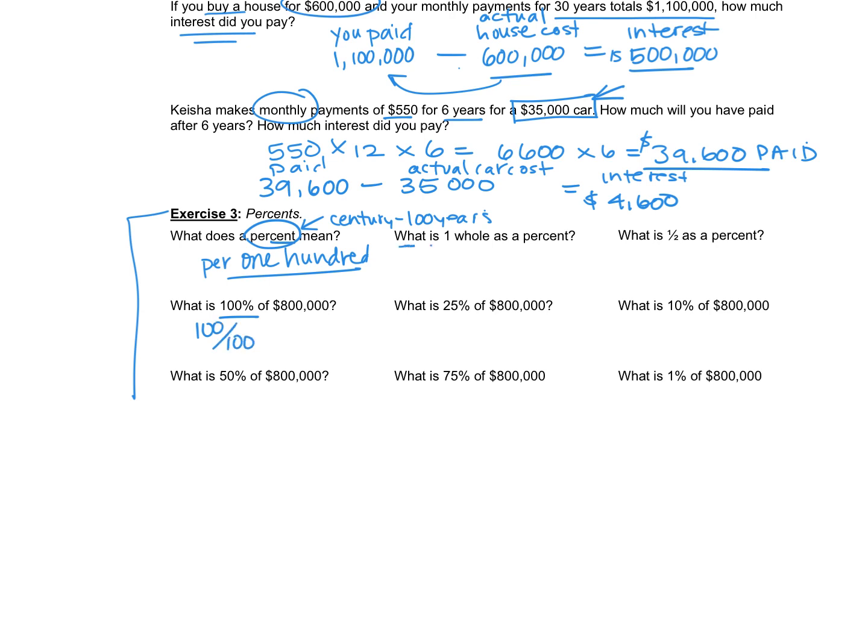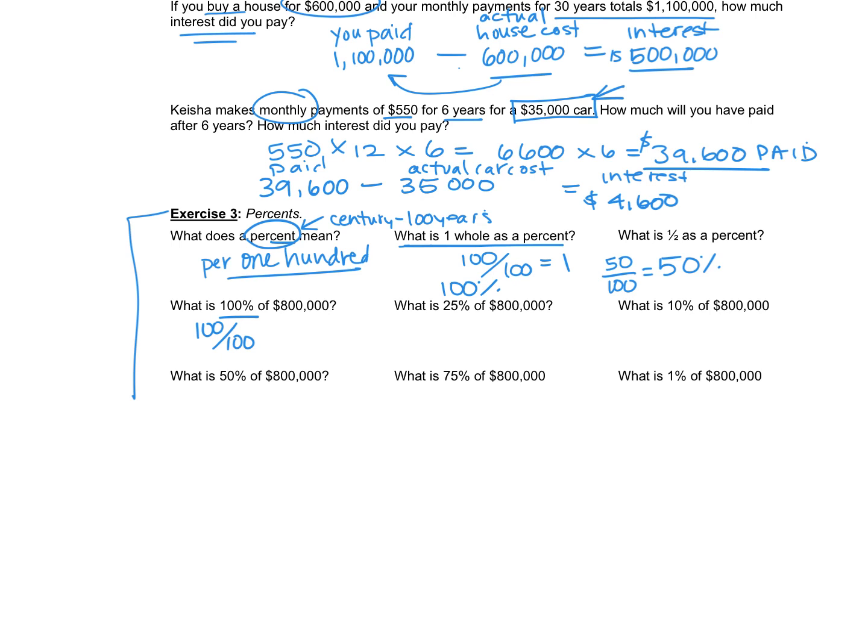And so, kind of skipping over, 1 whole would be that. Half as a percent would be 50%. And again, that's because you're really looking at 50 out of 100, amount per 100. That's what we're saying when we say 50%.